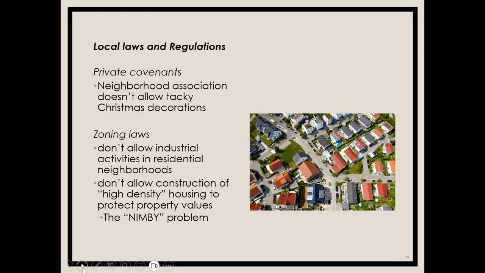This is called the NIMBY problem, which stands for not in my backyard. And as those of you who've started working on the paper know, this is one of the factors that's contributing to the housing problem in the United States. There are too many zoning regulations, which make it too hard to build new housing, particularly high density rental housing, and this is making it hard for there to be enough housing in the country.